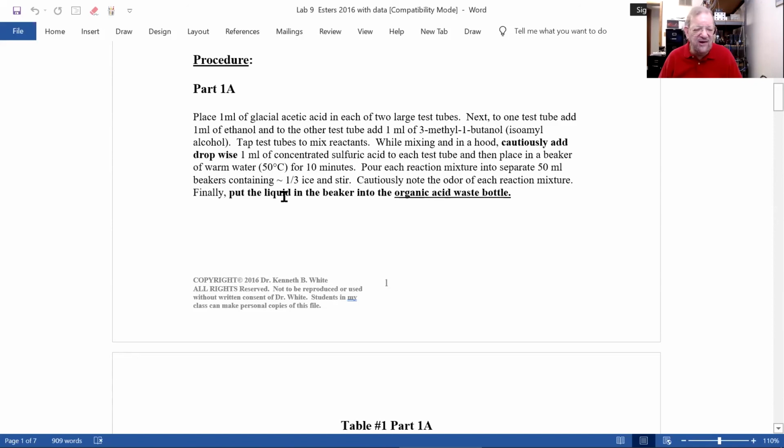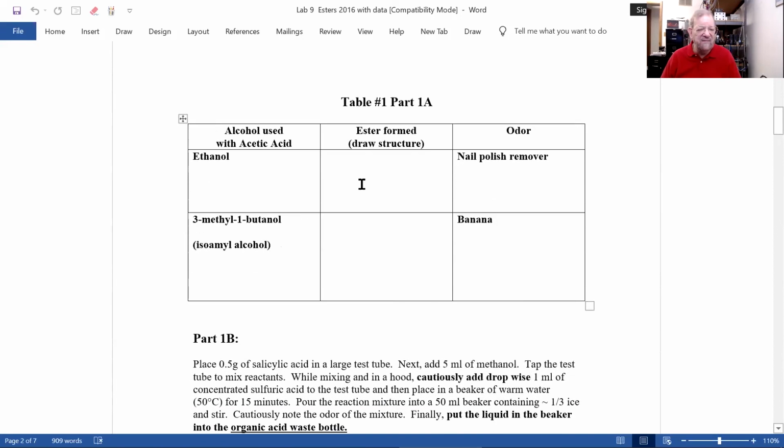Then pour each test tube into a separate beaker and stir it and then smell it. And you would form an ester. Don't forget to draw the structure here. And turns out with ethanol, you'd make ethyl acetate, which is nail polish remover.